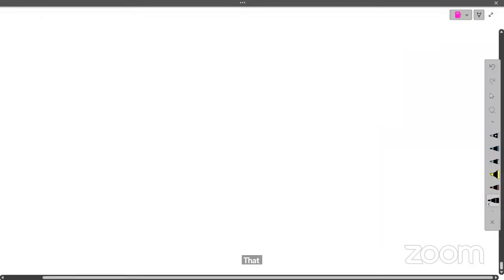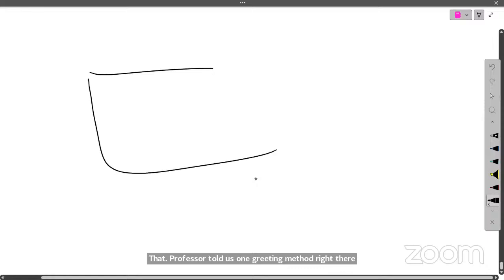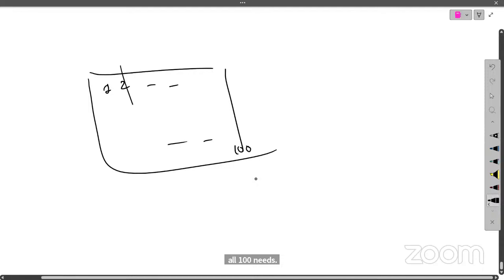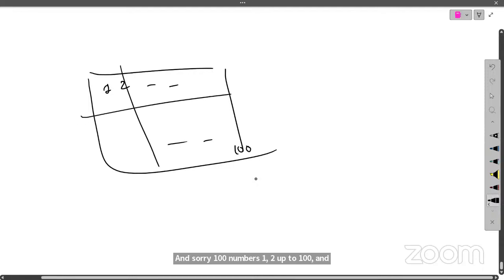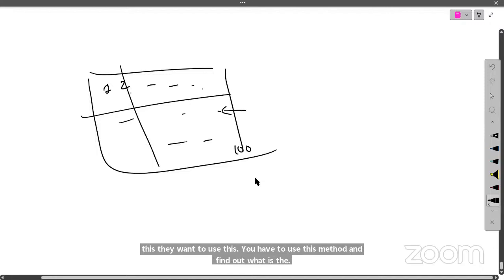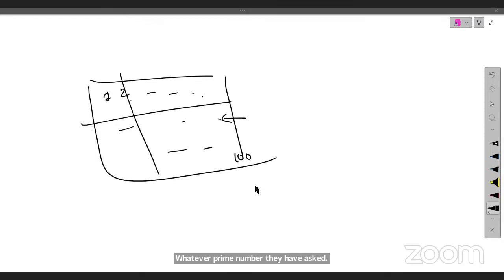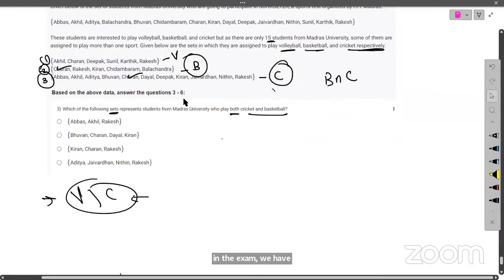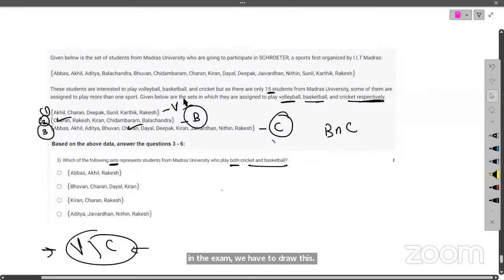They write all 100 numbers, 1 up to 100, and cancel out all the multiples. You have to use this method and find out whatever prime numbers they have asked. Ma'am, if any other such question is given in the exam, do we have to draw this? No, obviously we take care of your time. We know how lengthy a question can be, right?